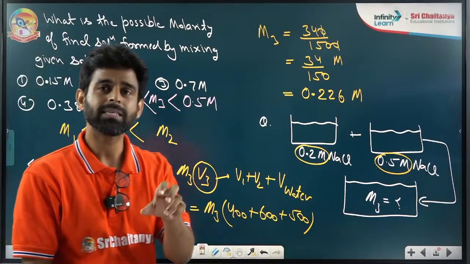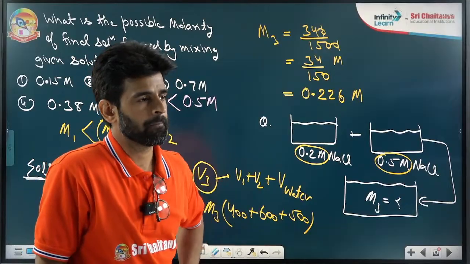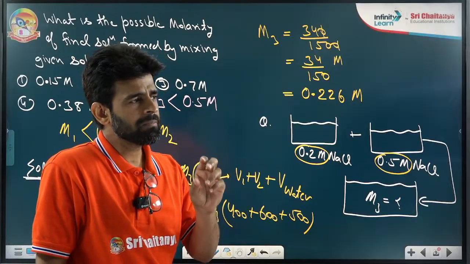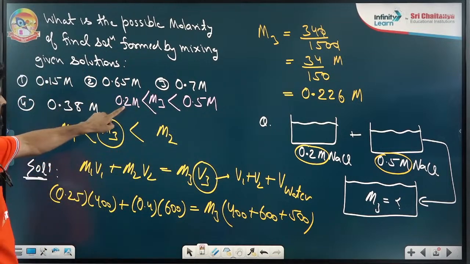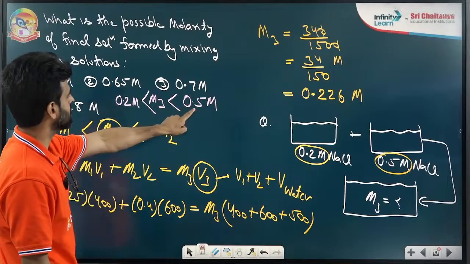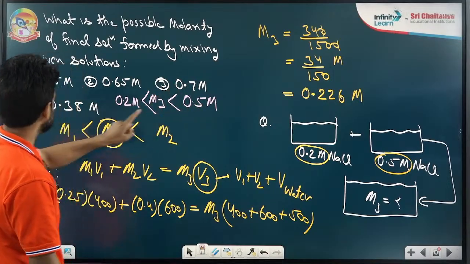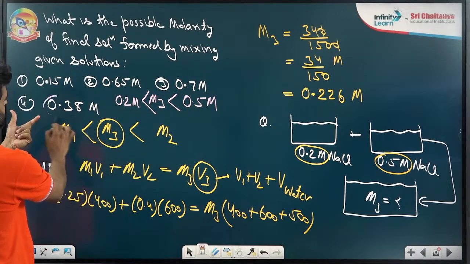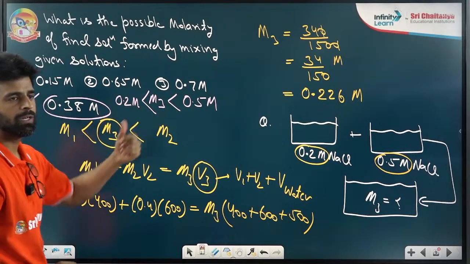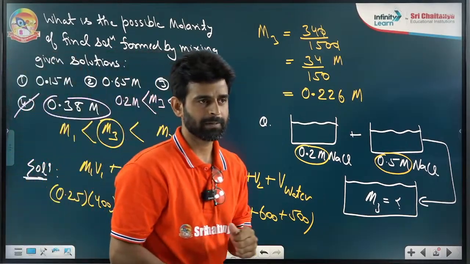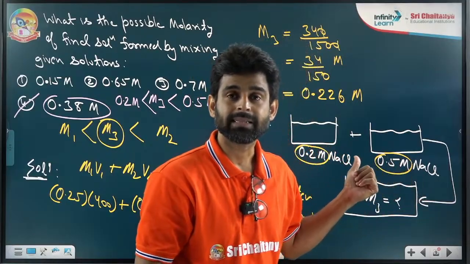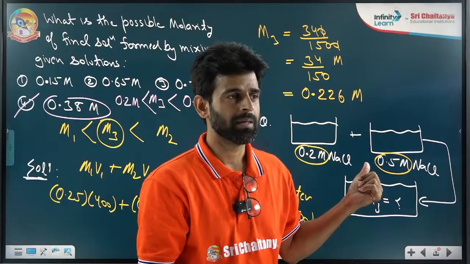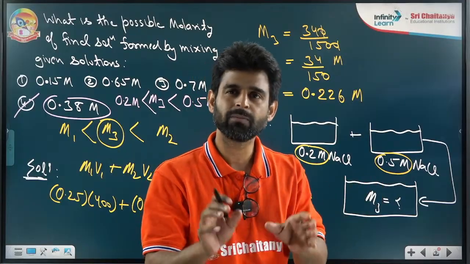So which option is in between both these values? Tell me. It is less than this one, it is more than this one. Only this is the option which is in between both the values, that is 0.38. The exact value we can't find because they have not given the volumes, but we know it will be in between.